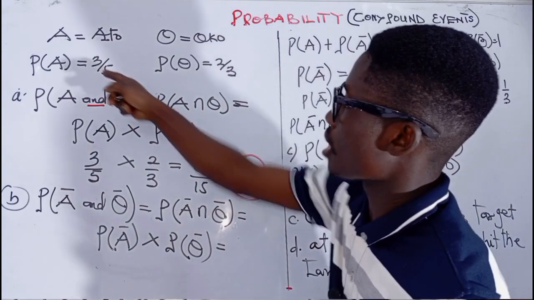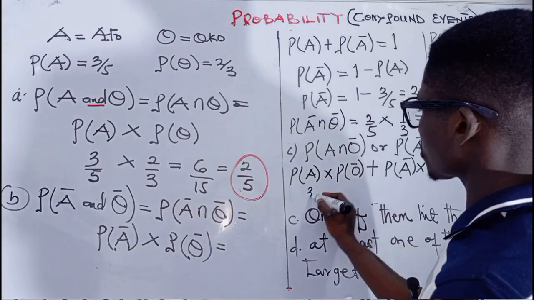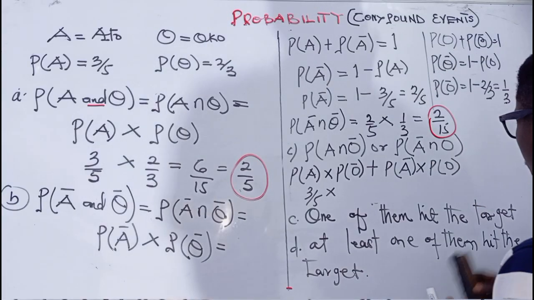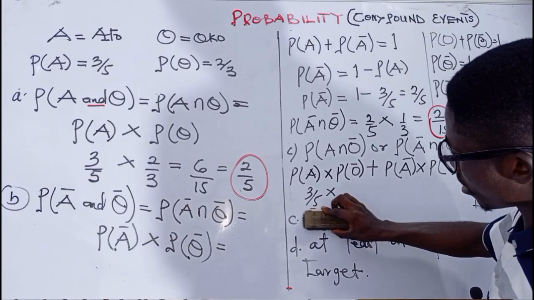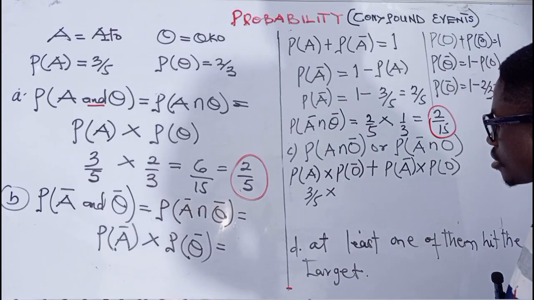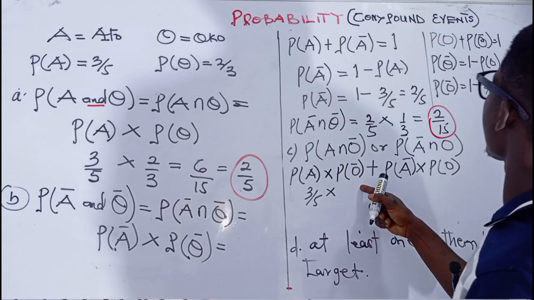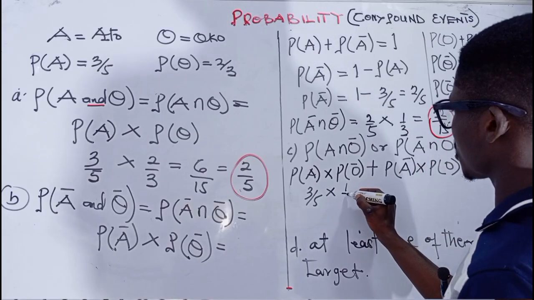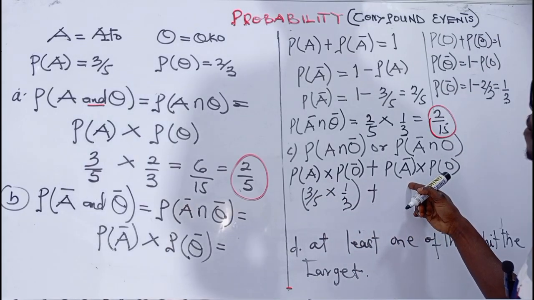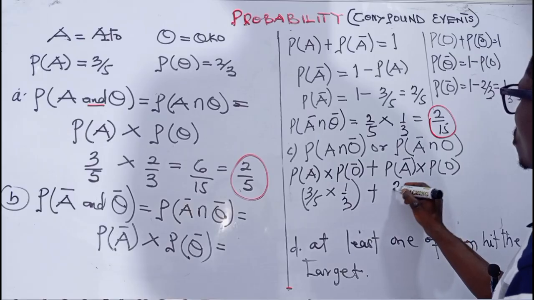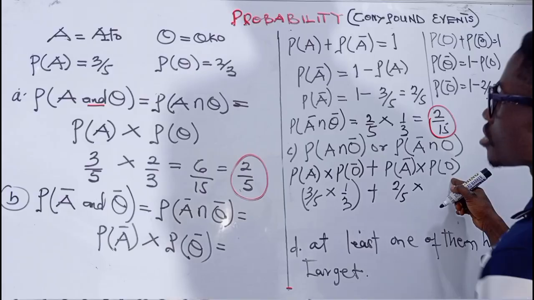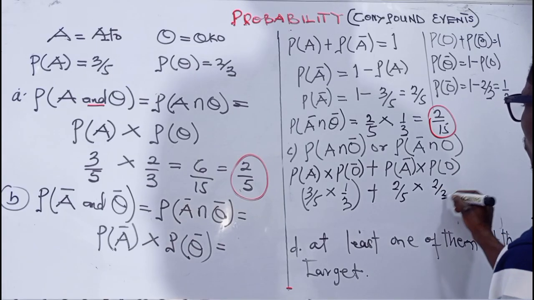P of A, we had 3 over 5, multiplied by P of O prime, we had 1 over 3, plus P of A prime or A complement, we have 2 all over 5, P of O, we have 2 all over 3.